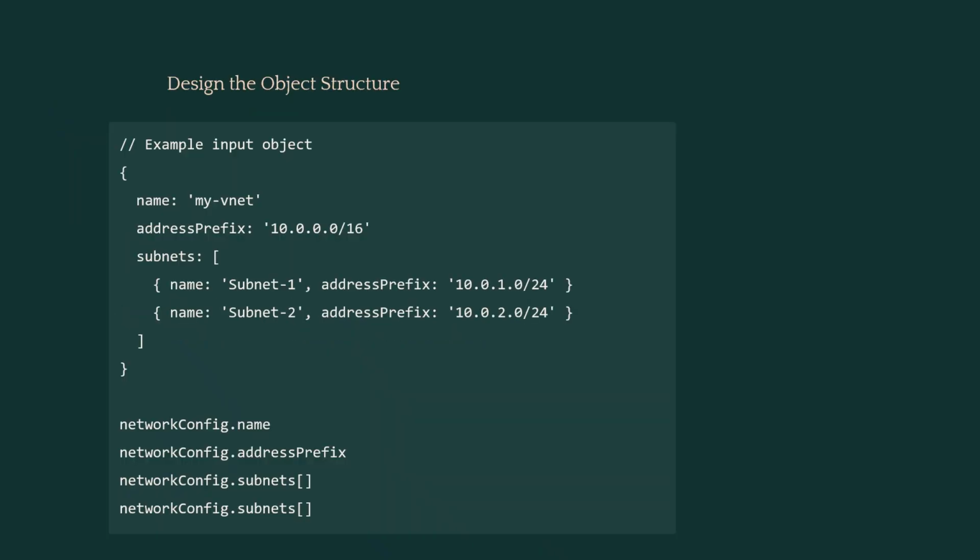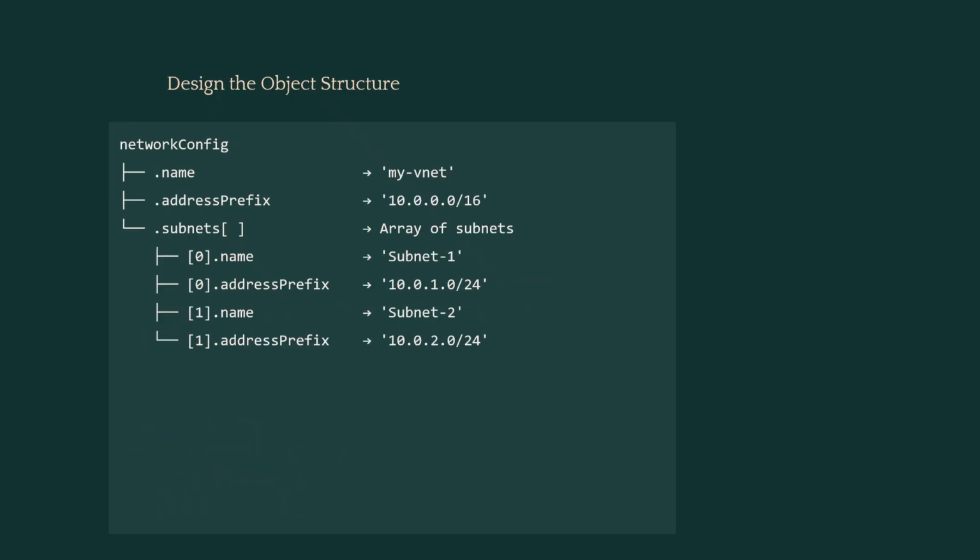With a group parameter in mind, let's decide how our object would look. This is what the caller will provide. Now let's break down how we can reference each layer. This object has three top level properties: name, address prefix, and subnet.